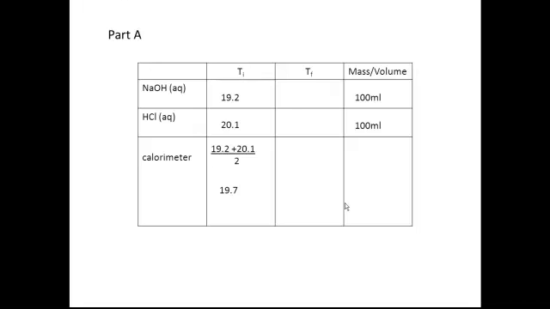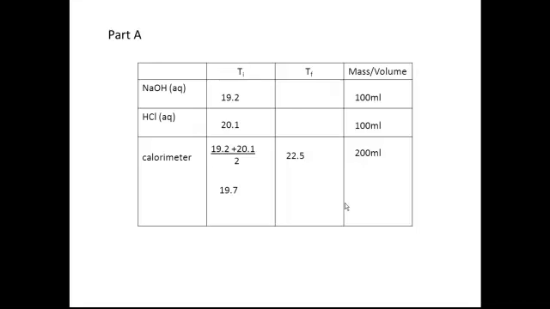Okay, now once your reaction has occurred, you should get a final temperature, and these numbers have just been made up. Say I've got a final temperature of 22.5 degrees Celsius. Now the volume that's now in your calorimeter is 200 mLs, which is approximately 200 grams.